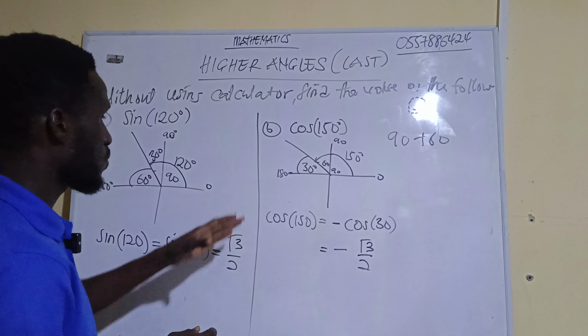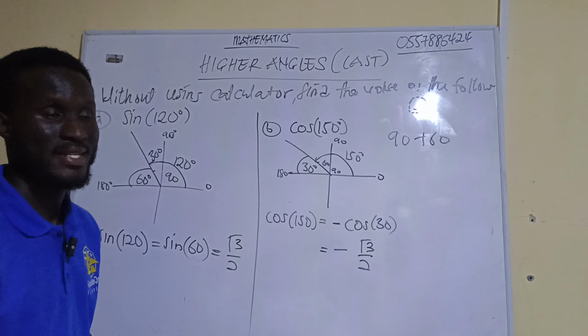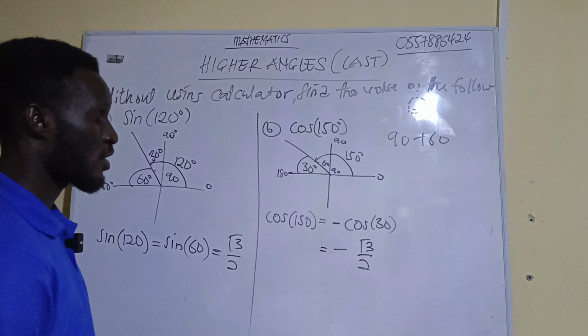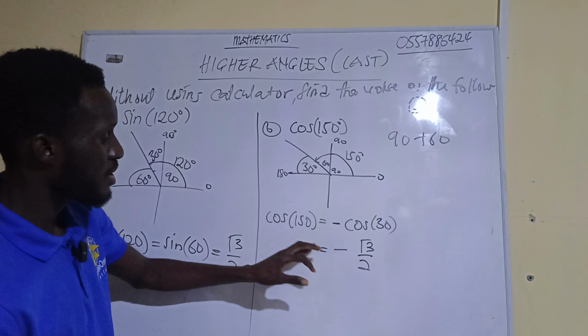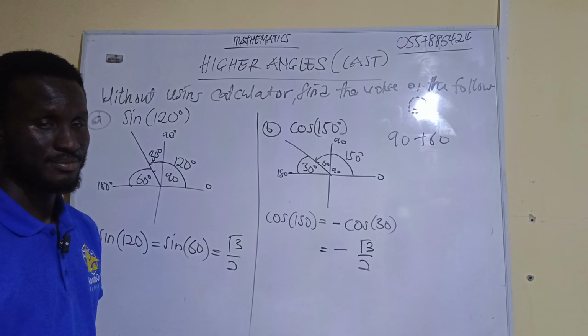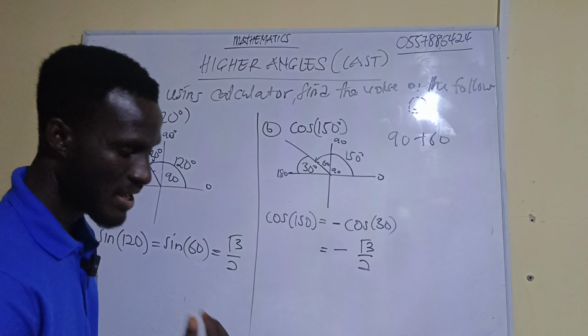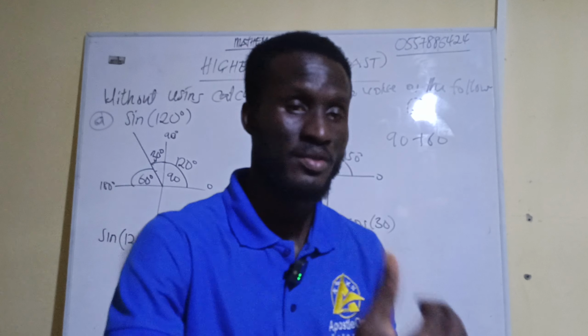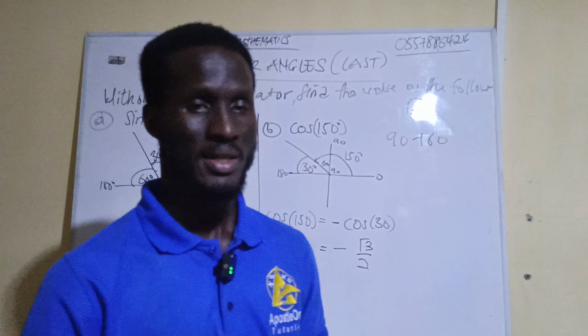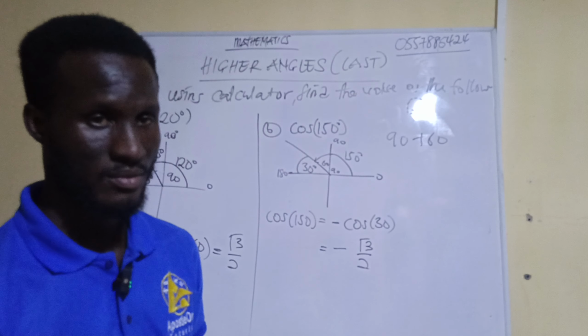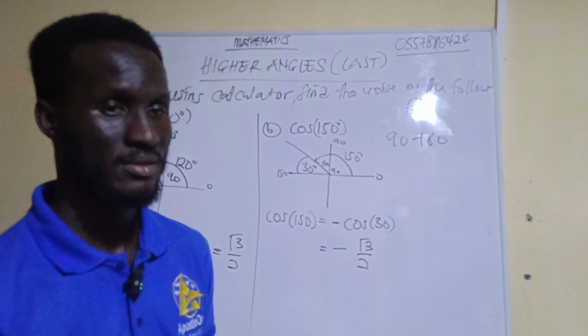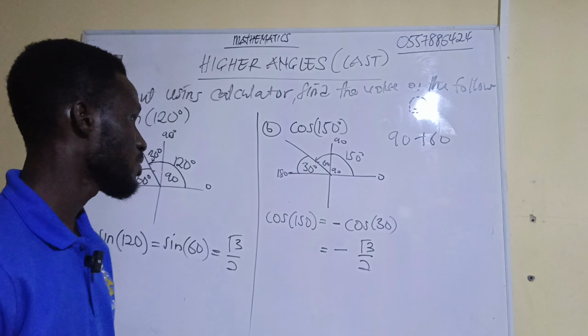So the answer to this one is negative root 3 out of 2. You can confirm with your calculator. The moment you point this one from here to here, you will know that you used a calculator. Sometimes when they give you an equation, you need to derive or deduce answers for that particular variable or that particular angle. Now, let's look at the next one.